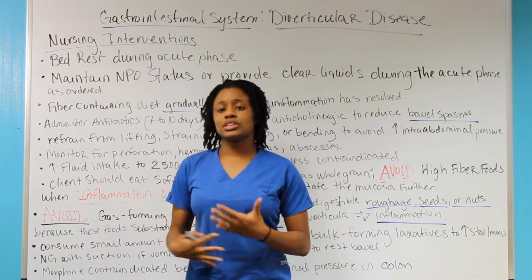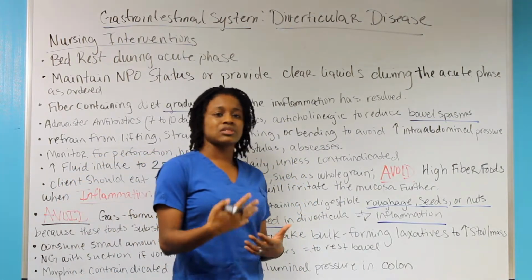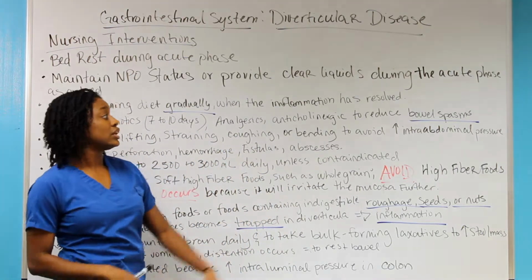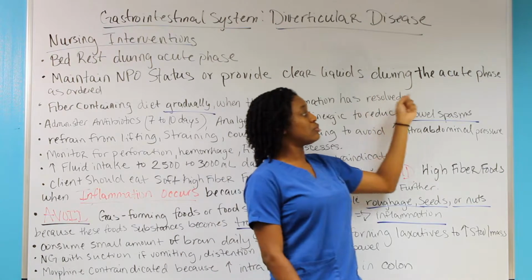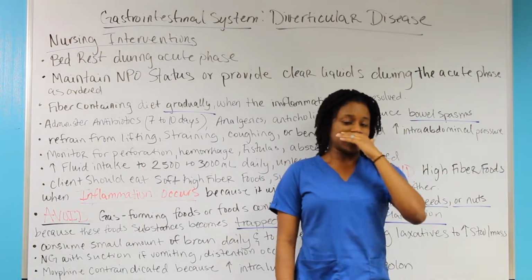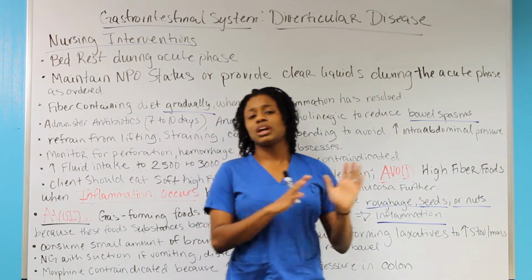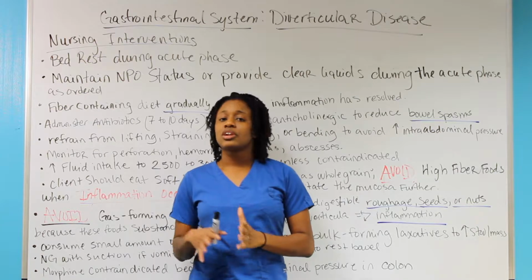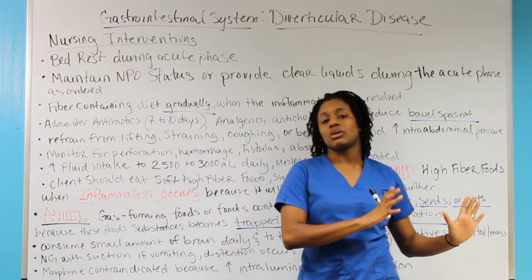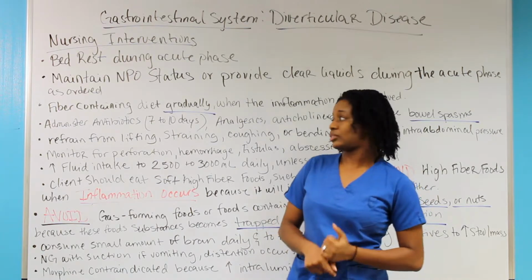From there, once the inflammation has started to decrease, or the patient is not complaining of any pain or the signs and symptoms are ceasing, then they may go ahead and put them on a diet, and they're going to start off slow with some liquids, just to make sure you're not actively bleeding and we're not causing any more complications. We just want to give you something in the meantime so we can see how well your bowel is able to tolerate that, all right?